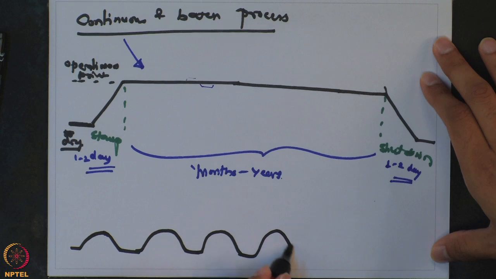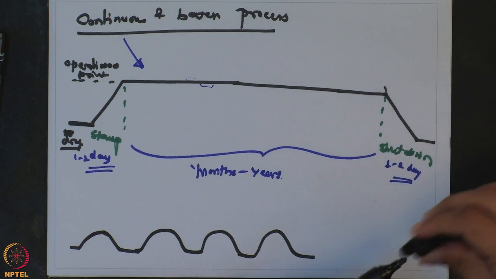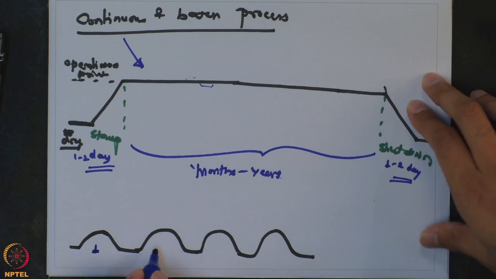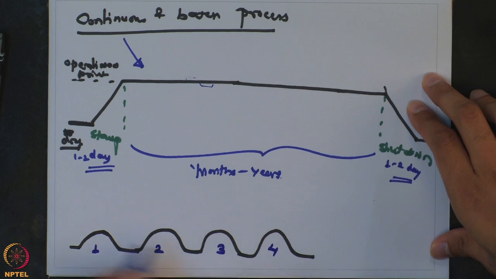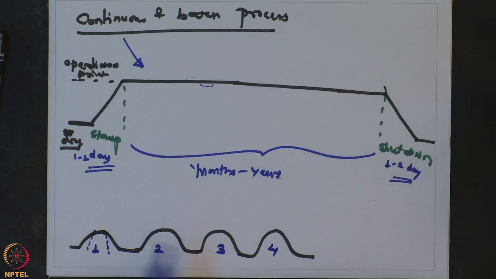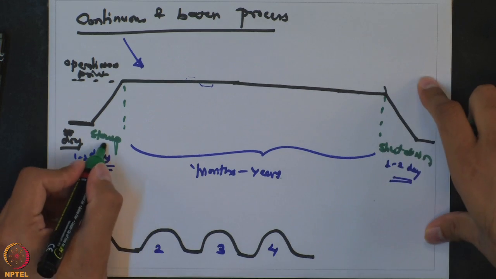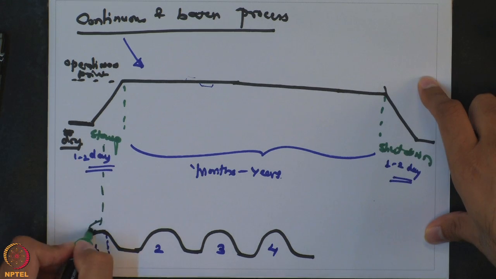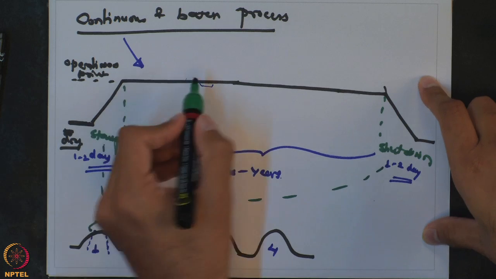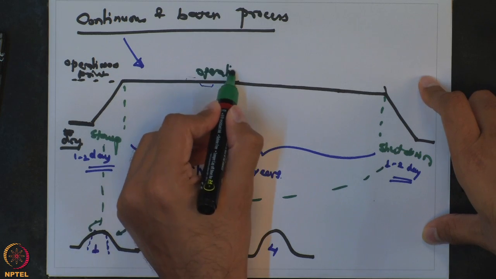You can see that every cycle or every batch, so let us say this is batch 1, batch 2, every batch has a small startup time, a small shutdown time, and a small operation time. This is startup, this is shutdown, and this is the operational phase.